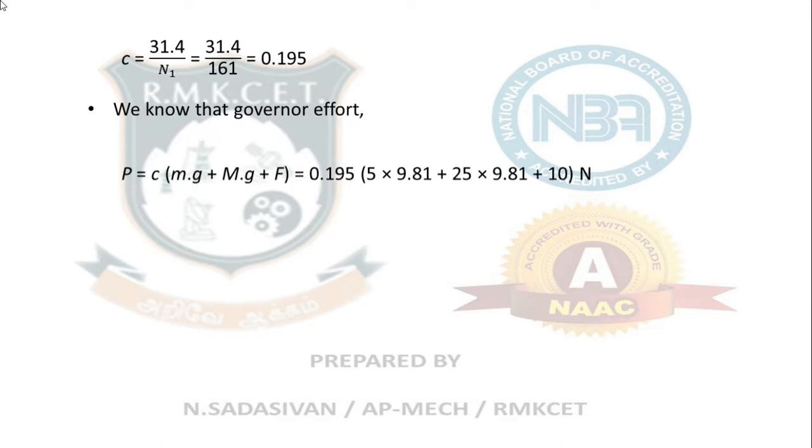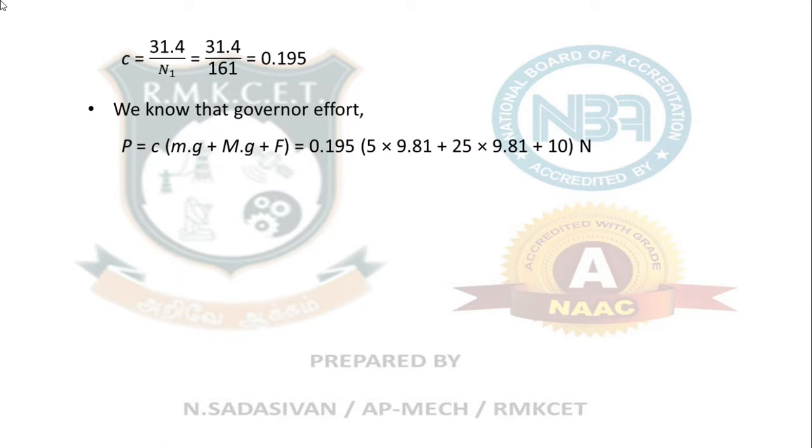So governor effort equal to C into, since friction comes into the picture, you have to convert mass into force. Only then you can add friction. So how do you convert mass into force? Multiply gravity, it becomes weight. So small mg, capital Mg, friction. So this is 5 kg, 25 kg, 10 Newton. So C is 0.195 into, 5 kg, actually there should be an intermediate bracket here.